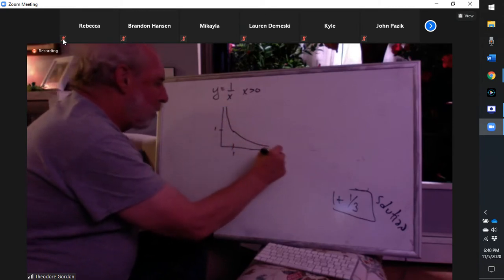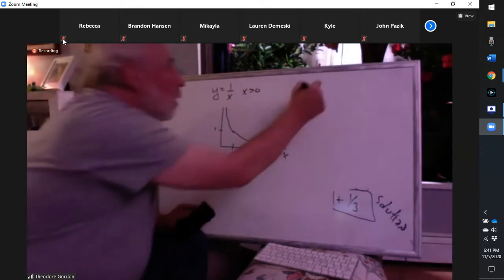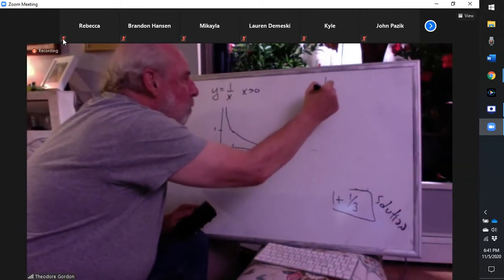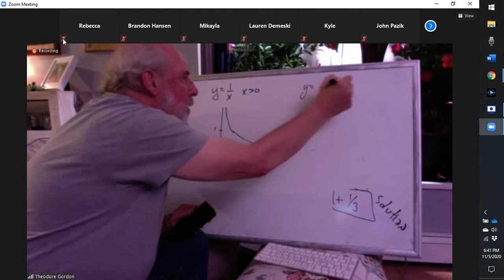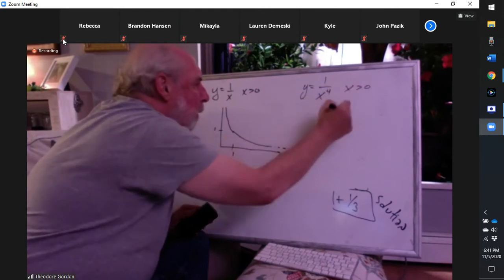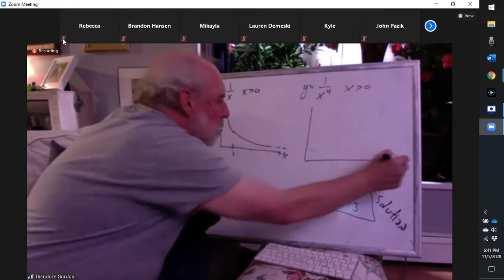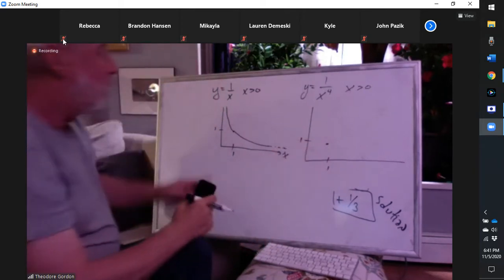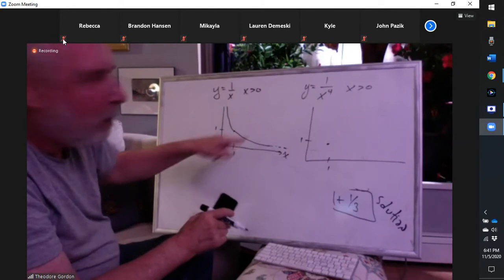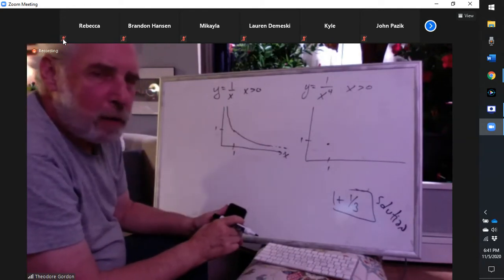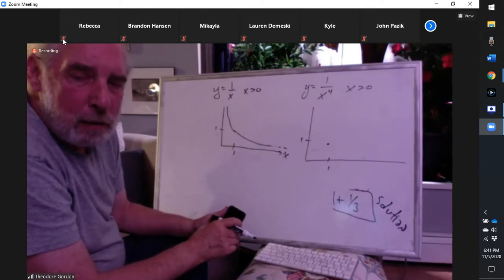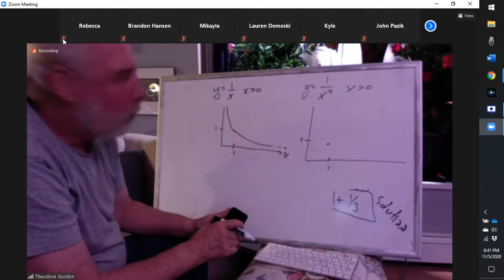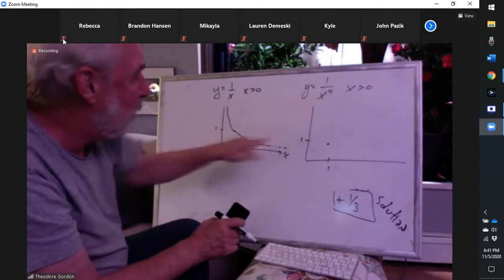And the x-axis just keeps going this way, and it just goes forever. What does the graph of 1 over x to the 4th look like, and x is bigger than 0? So that's 1 over x, more or less. What does 1 over x to the 4th look like? How does that exponent change this shape?